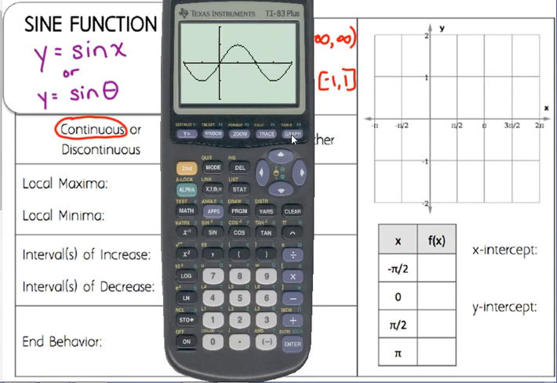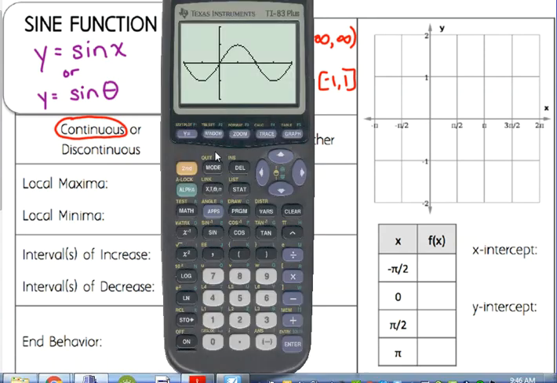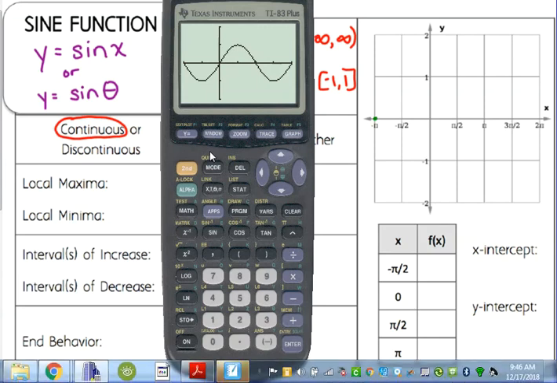So from -pi to 2pi, let's look back at the graph. We should be able to fill in most of the stuff on the graph here without even going to our table necessarily. Over there at -pi, you can see it is right there on the x-axis. We fixed our scale so that each of those lines on the x-axis is pi/2. So right here at -pi/2, we can see that we're hitting our minimum value of -1.